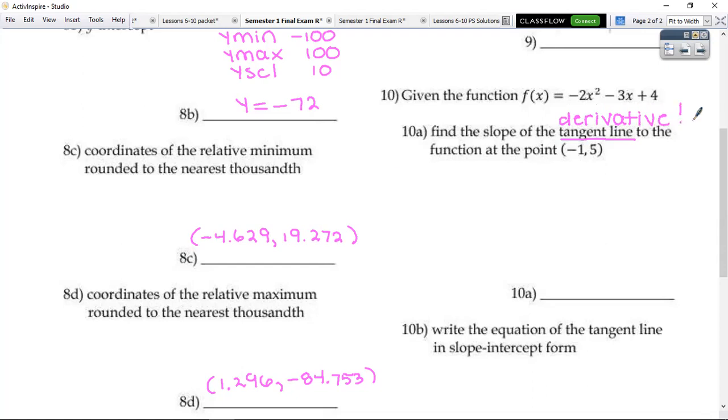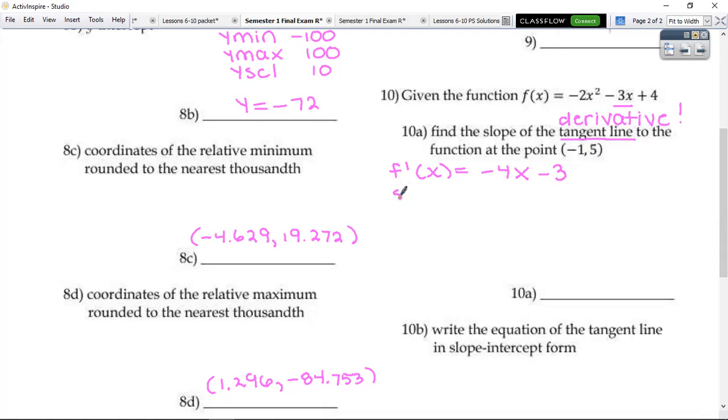So to do the derivative, you're going to go f prime x equal to, as he said, power down in front. So your 2 gets multiplied by the -2 in the front, so I would have -4x. And then the derivative of -3x would be -3, and then the derivative of a constant would be 0. That's half of it. Now we need to find the slope. So you are going to find the slope by plugging in the respective x value that was given.